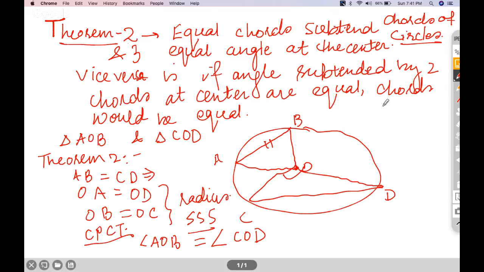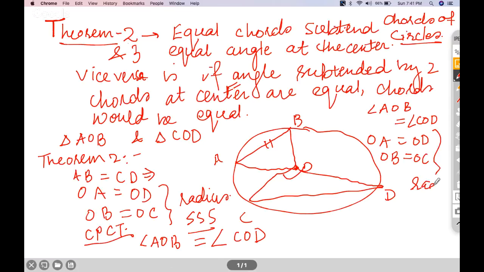Now in case you have to prove theorem 3, that if the angle subtended is equal, then angle AOB is equal to angle COD would be given. And I know that OA is equal to OD and OB is equal to OC. This doesn't need to be proved. These are radii. So now this is side angle side congruency. By CPCT, sides opposite to equal angles would be equal.